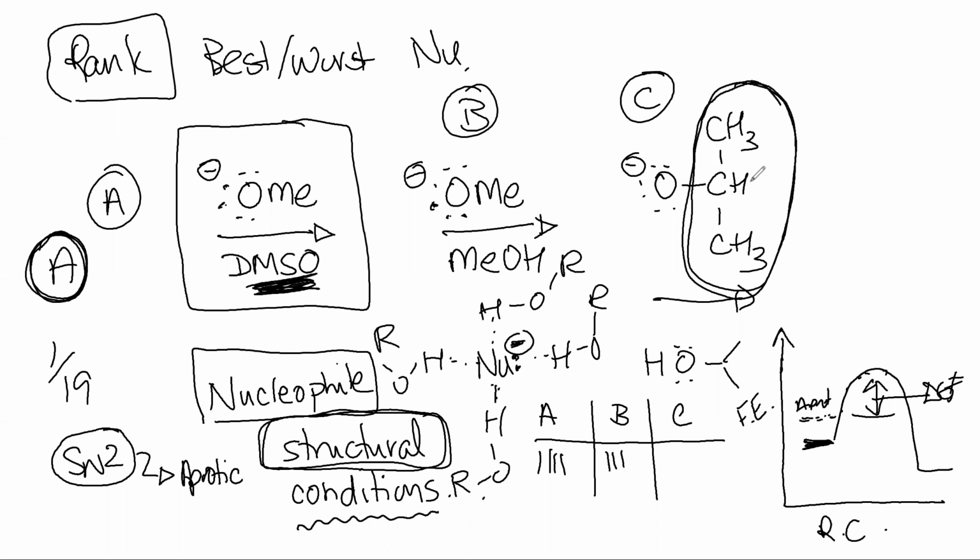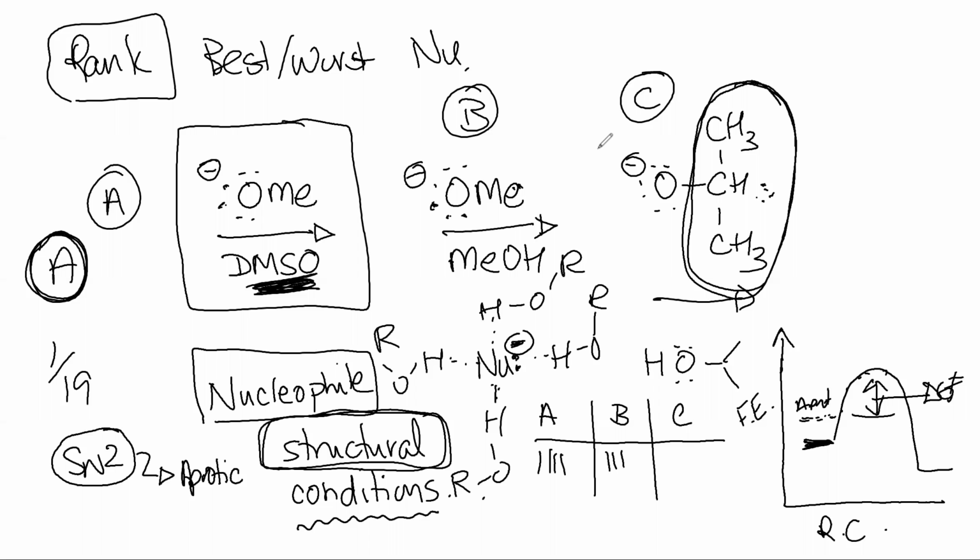What does this have, which is bad, that this doesn't have? C has got something which is detrimental, steric hindrance, right? So C is sterically hindered.